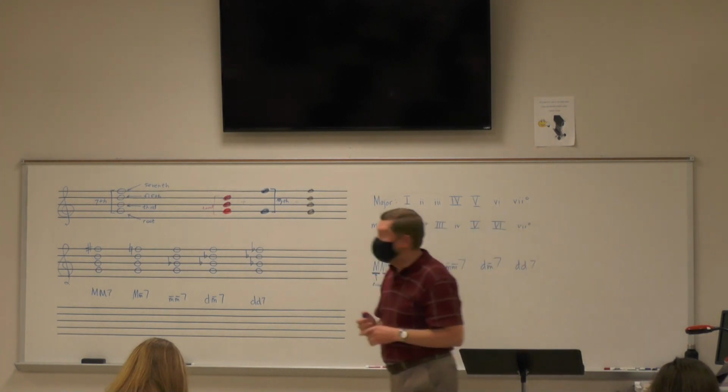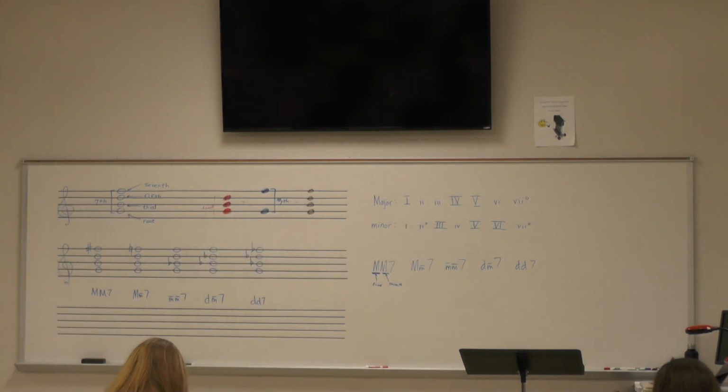Let me play for you these 5 types of 7th chords so you can hear their specific color and sound. Here is a major 7th chord. Here's the major minor. Here is a minor.